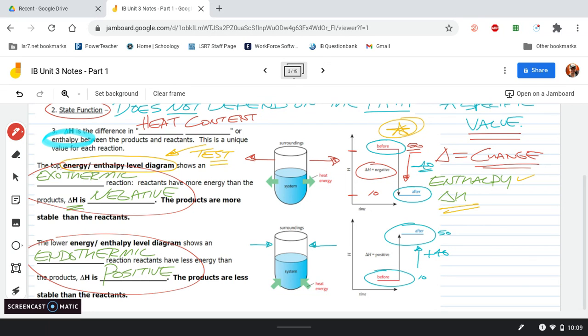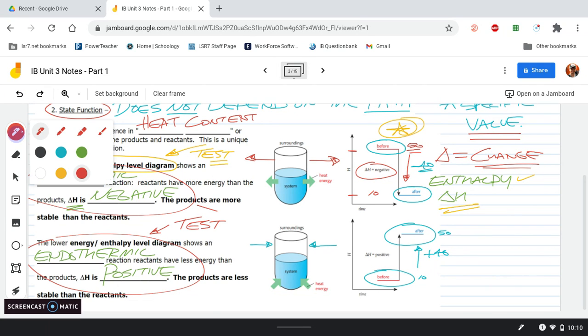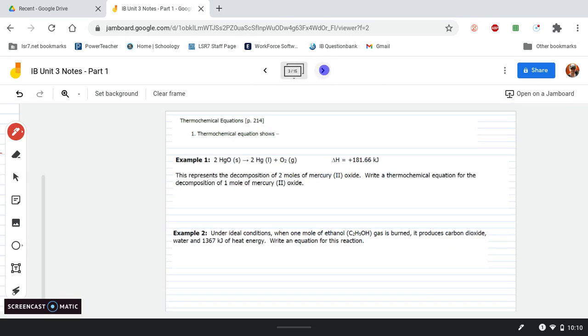You really need to know those ideas for a test, because if you don't understand that negative is exothermic, then we are going to have significant problems later on, because we're going to assume that you know that. So, okay, endo, exothermic, pluses and minuses.